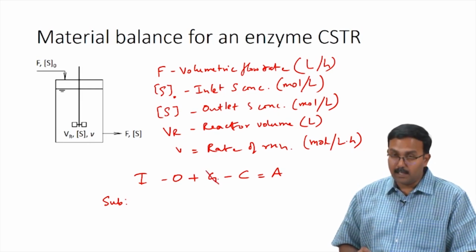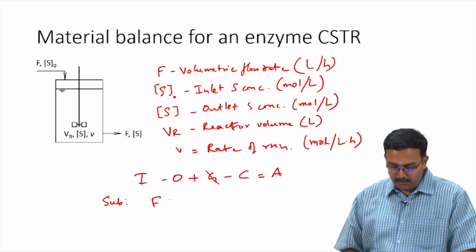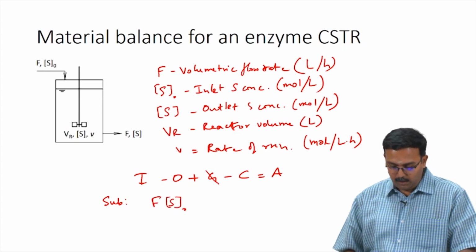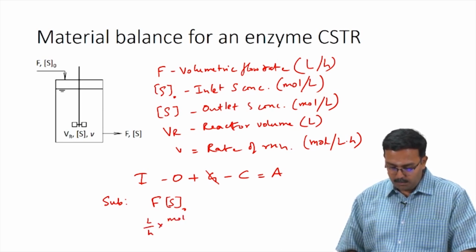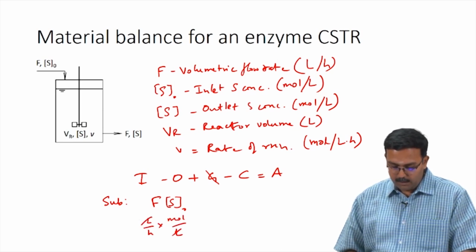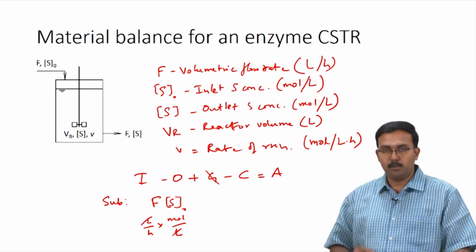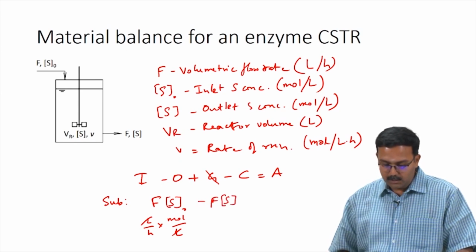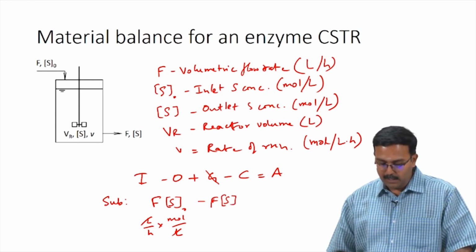So, you can remove the generation term. The input would be F times S naught. This gives us a unit of liters per hour times moles per liter, giving us moles per hour. The balance equation is in moles per hour, minus F times S, which is the substrate concentration in the outlet stream, and these two have the same units.